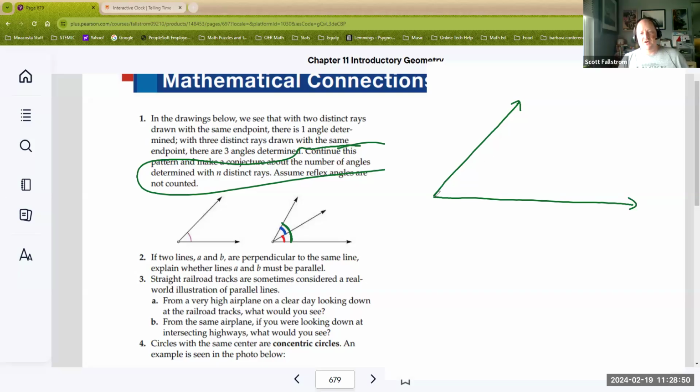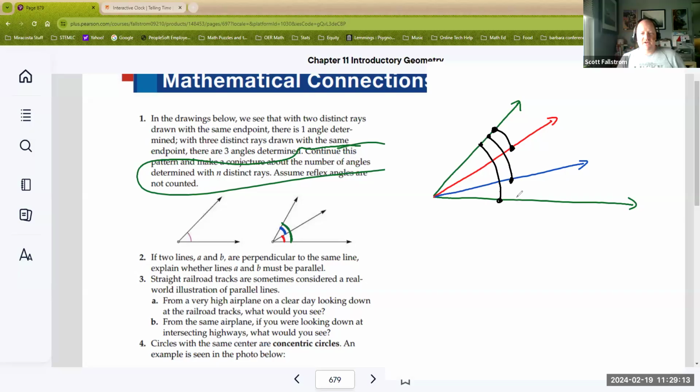So I'm going to draw one ray, and then I'm going to draw one other ray, okay? So now how many do I have? Again, make a pattern. Look for patterns. Start at the top, work your way down. One, two, three.